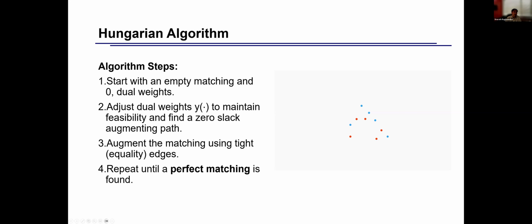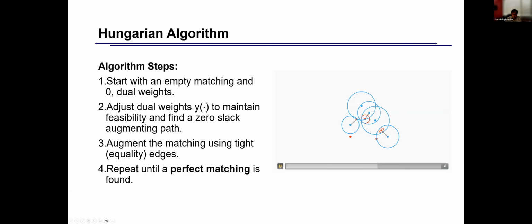So let me show you an example of how the Hungarian algorithm typically works. Basically all the free points are continuously growing their disks and trying to find matching edges, like basically augmenting paths. So I'll show you a non-trivial case. Hopefully I can stop it at the right place. Right.